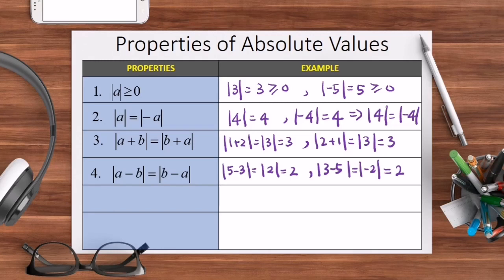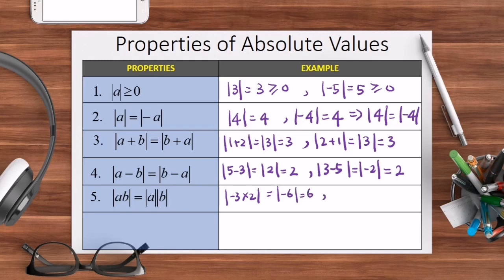And then, the fifth property is absolute value A multiplied by B is equal to absolute value of A multiplied by absolute value of B. For example, if we have absolute value negative 3 times 2, this becomes absolute value negative 6, which equals 6.